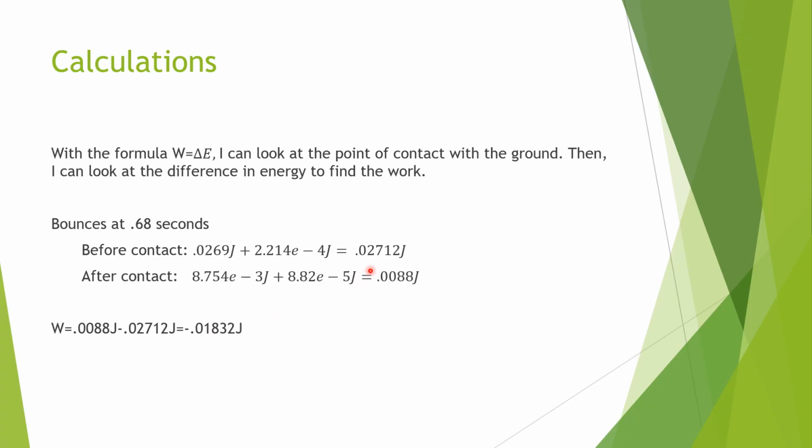And those added together gives this number here. And then after contact, I did the exact same thing with the kinetic and potential energy to find this value. And when I subtract the final minus initial, I find that the work done by the ground or table is negative 0.01832 joules.